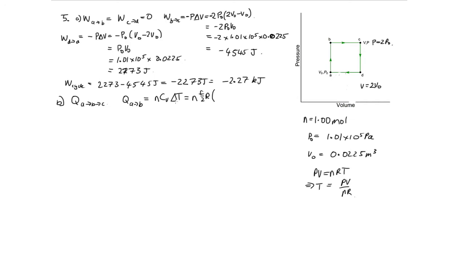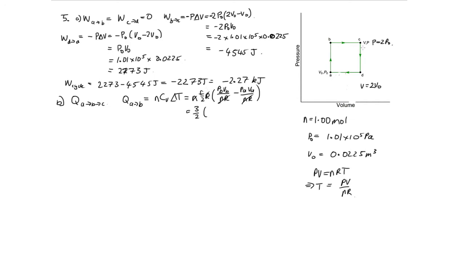So our change in temperature is going to be the temperature at B minus the temperature at A. So that'll be PBVB over nR minus PAVA over nR. And you can see these nRs will cancel out. And so f on 2, we were told it was a monatomic gas, so we've got 3 over 2.